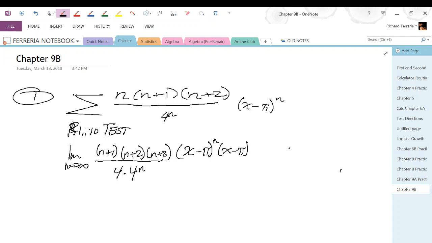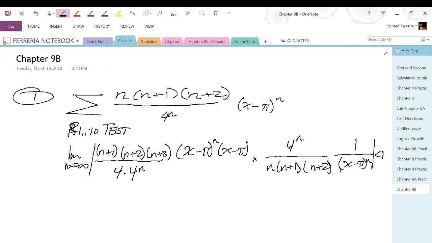I'm doing this the old way. And multiplied by 4 to the n, n plus 1, n plus 2, and that is 1 over x minus pi to the n. Set this whole thing to be less than 1 because I'm running out of room.